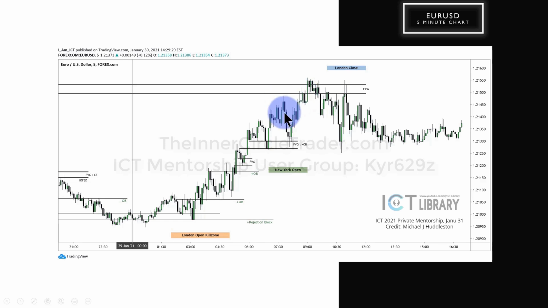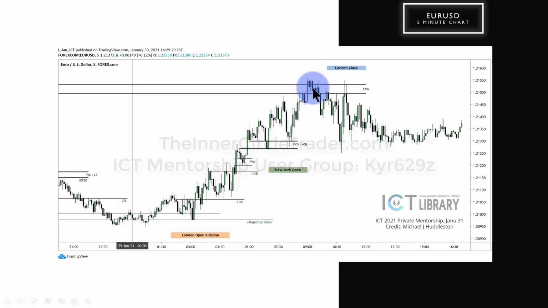Until you have to ride this here, because you're too quick as it starts to run up. You're in a hurry to take your stop loss and jam it up to lock in something. So you have an optimal trade entry from low to high to low. So there's an optimal trade entry for New York Open. And you also have a New York Open low to high down into optimal trade entry here during New York Open.